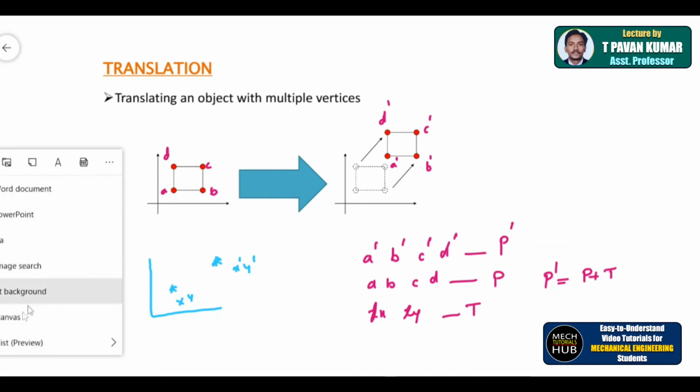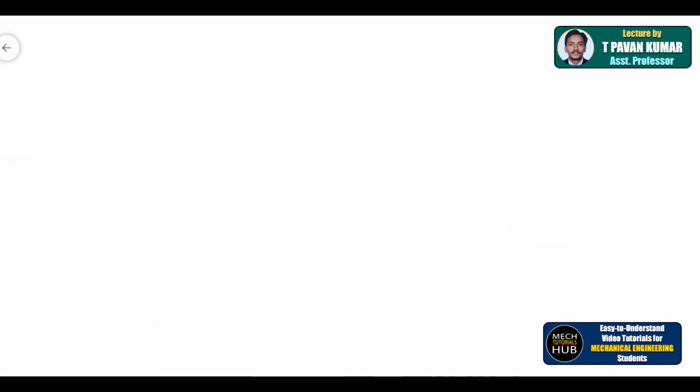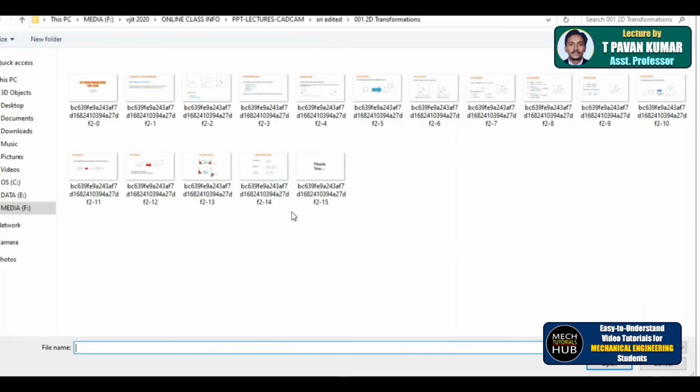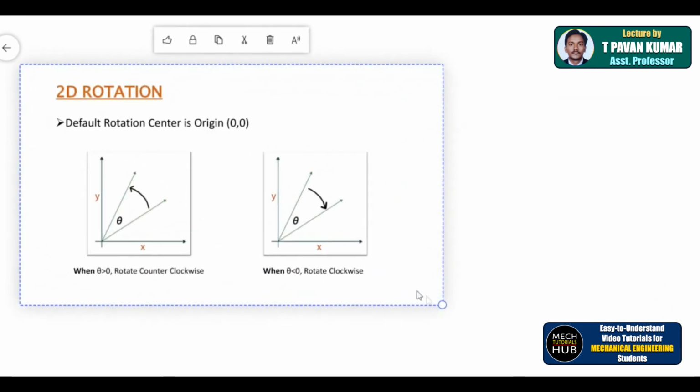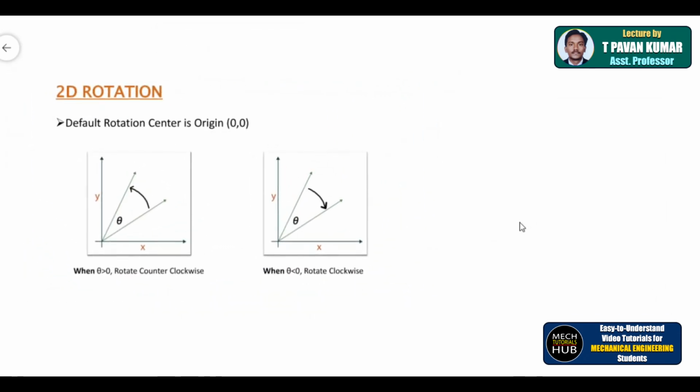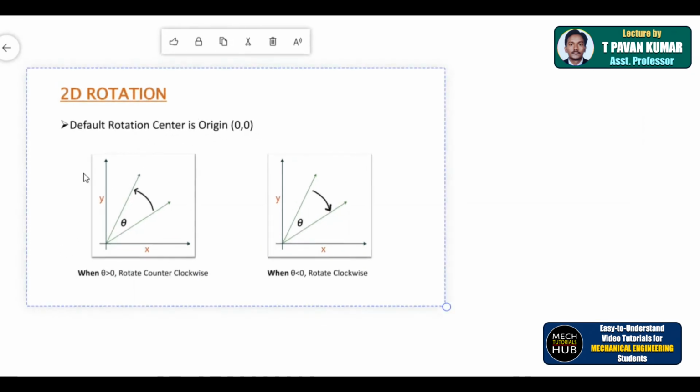Let me clear this window and take one more slide just to talk about rotation. Simple 2D rotation. You could see here the default rotation center is origin.